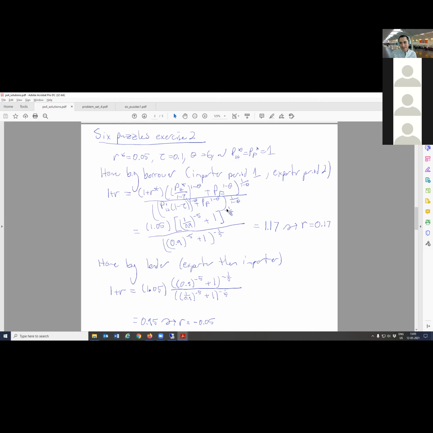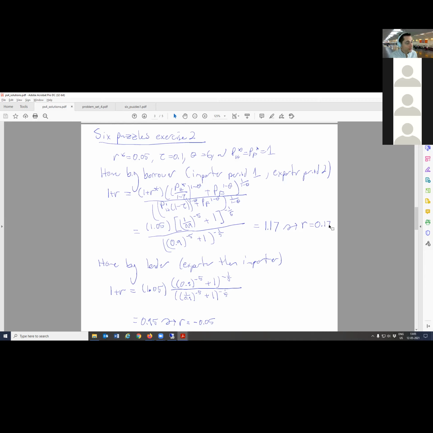So plus 1 to the power, again, 1 minus theta is -5. Same thing in the denominator. Do that calculation on a calculator. That's what I did, and you end up with 1.17. So in other words, R is equal to 0.17.